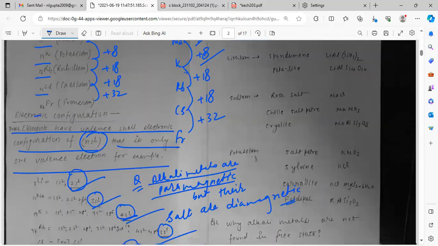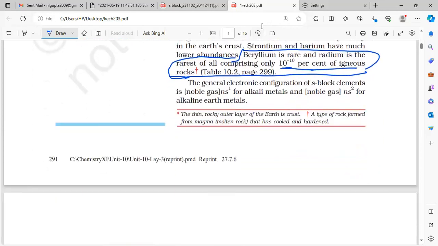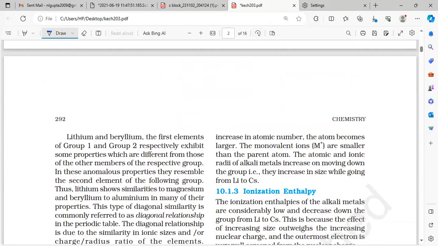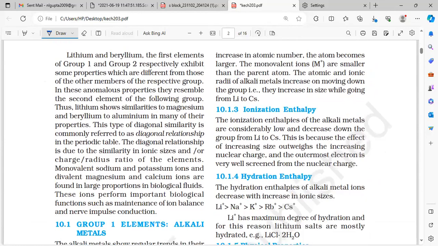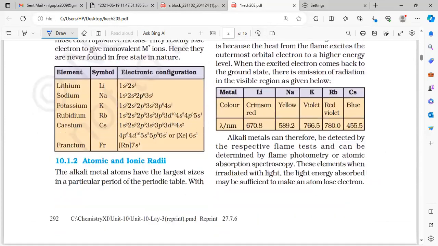Here you see occurrence, how they are found. If you see lithium, it is found in spodumene, and petalite. These are the names. Let me go back to NCERT and check, because whatever points are there in NCERT are all important.